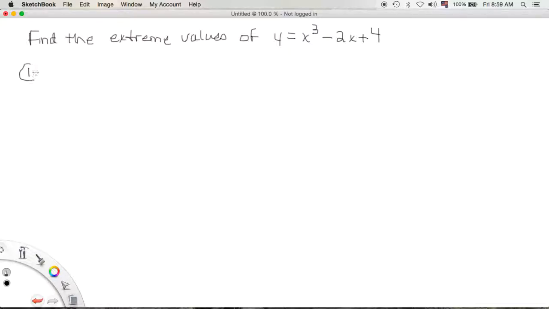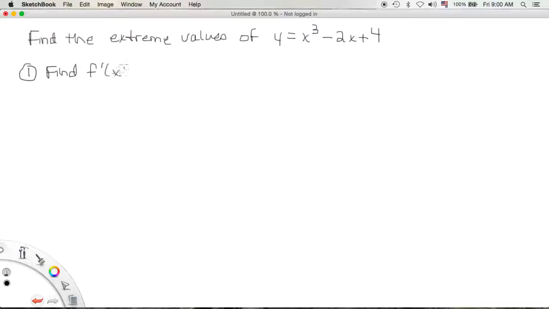So let's try one. Okay, so if we've got this function, y equals x cubed minus 2x plus 4, that's a polynomial function, then the first thing we want to do is find the derivative, because the derivative is going to tell us where we're looking, because we're not looking on an interval here, so there's no endpoints to look at.